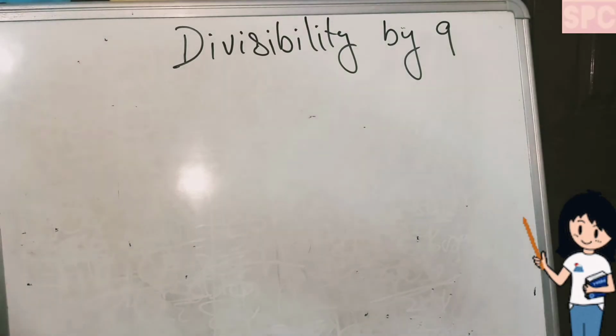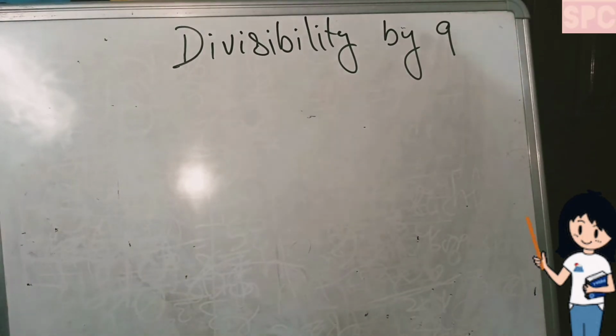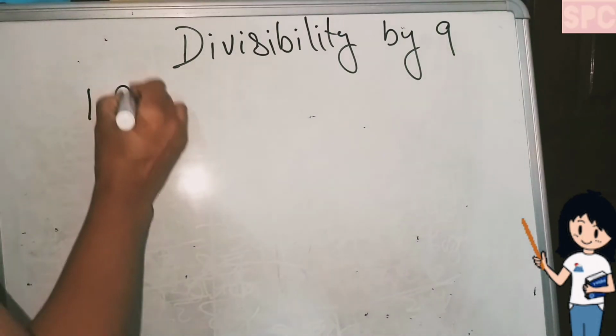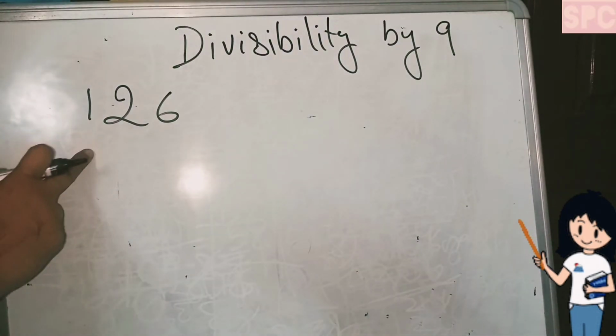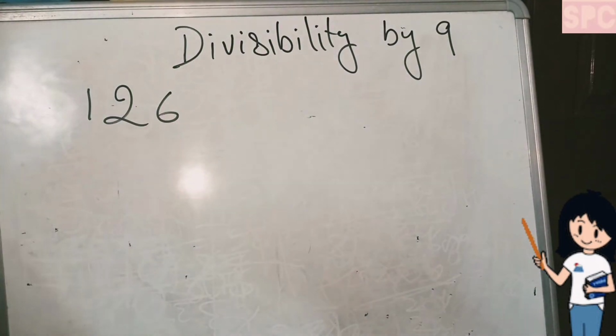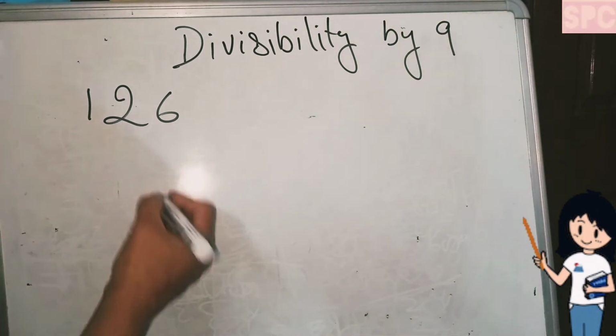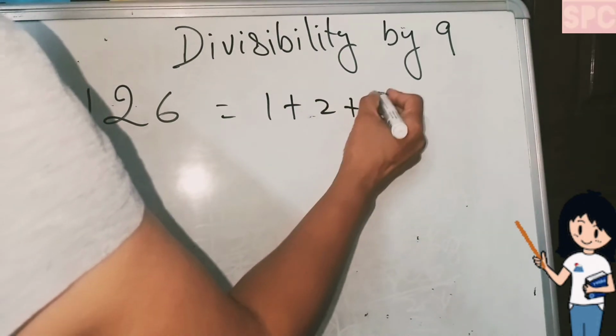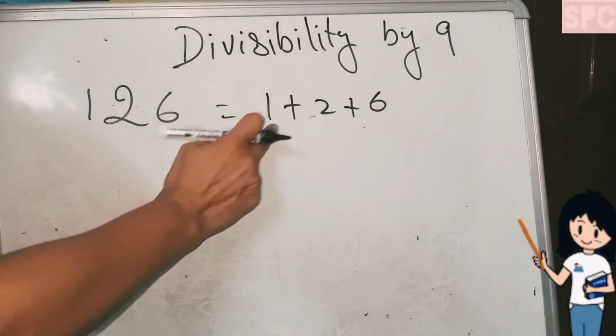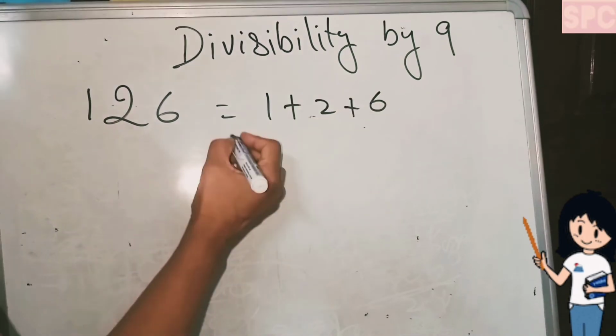Now we will take an example. Suppose the number is 126. We have to add all the digits of this number and see whether the sum is divisible by 9 or not. So let's add 1 plus 2 plus 6. 1 plus 2, 3. 3 plus 6, 9.